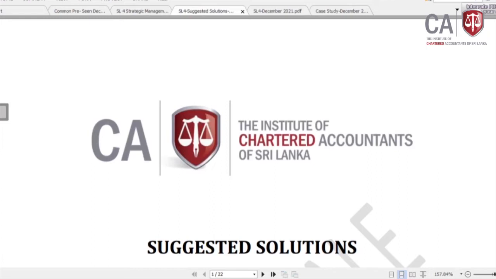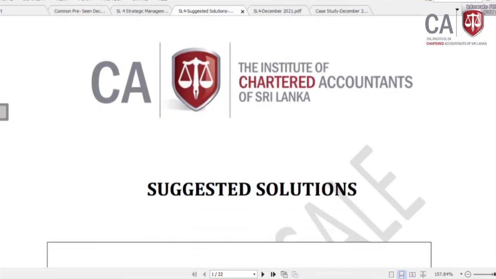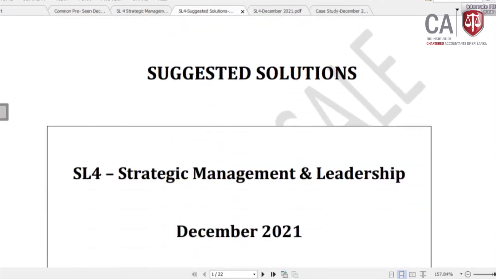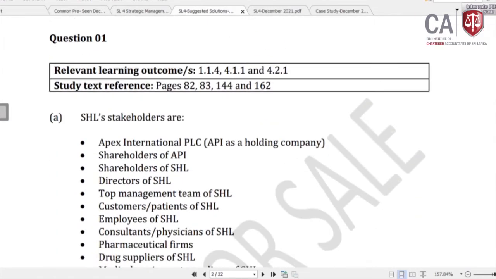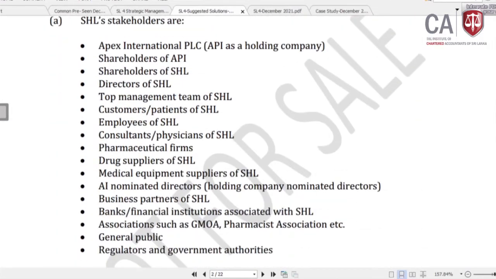This also may be more descriptive than my one. Now, look at the number of parties here identified by so many parties.